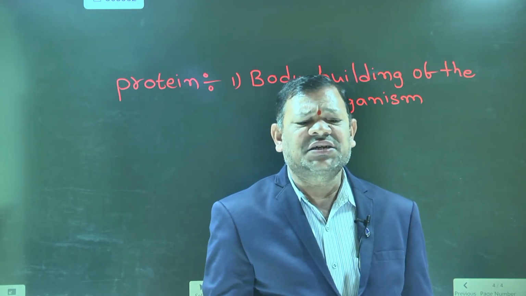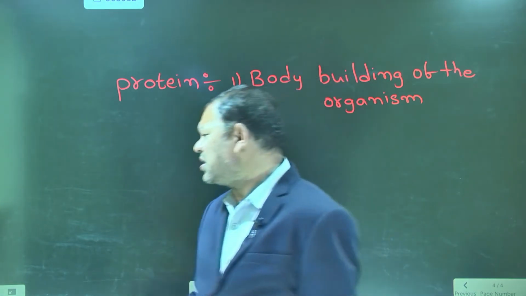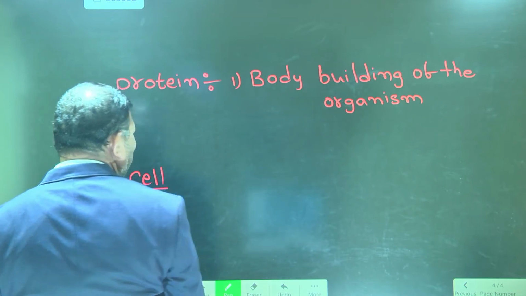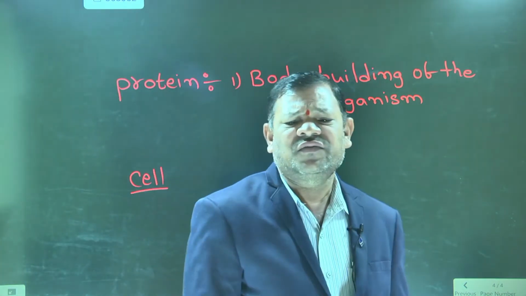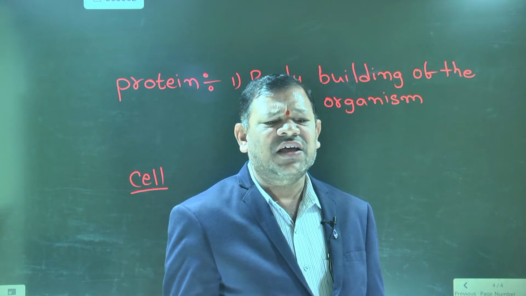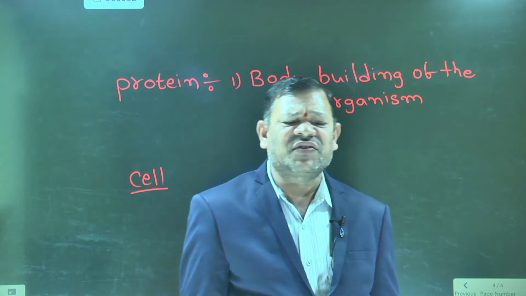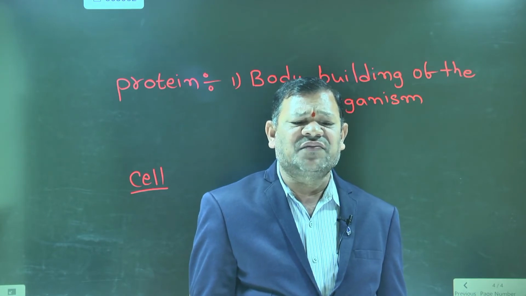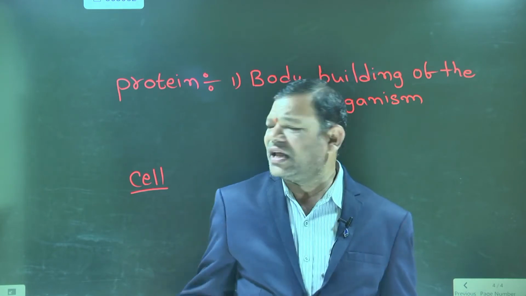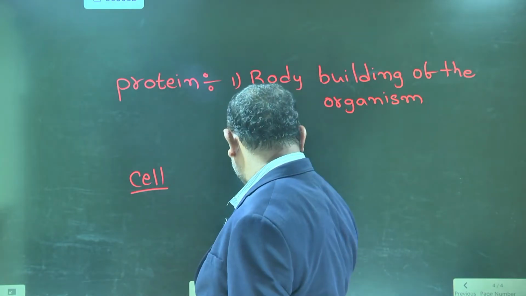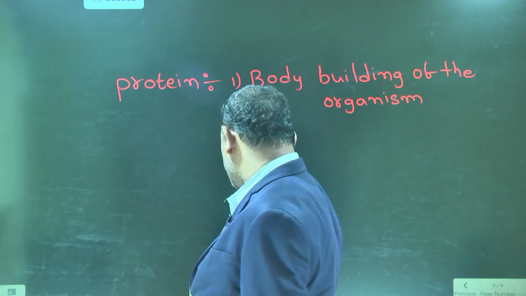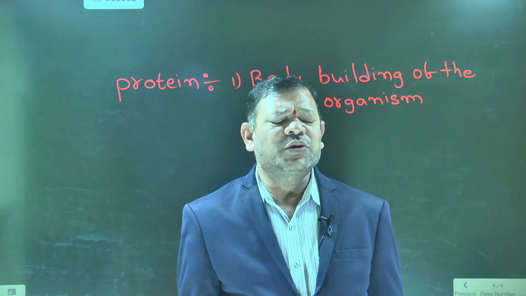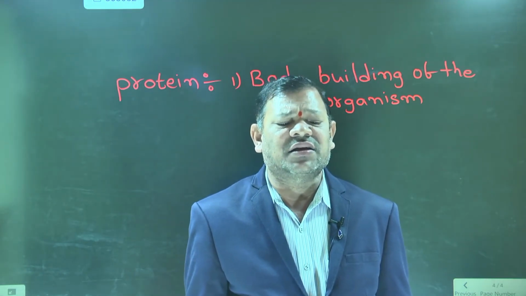If you are constructing a living organism, cells are required. Cell is the fundamental, basic, structural and functional unit of life. All living organisms are made up of cells, and in the cell, proteins are present. That's why the first point is that proteins are for body building of the organism.